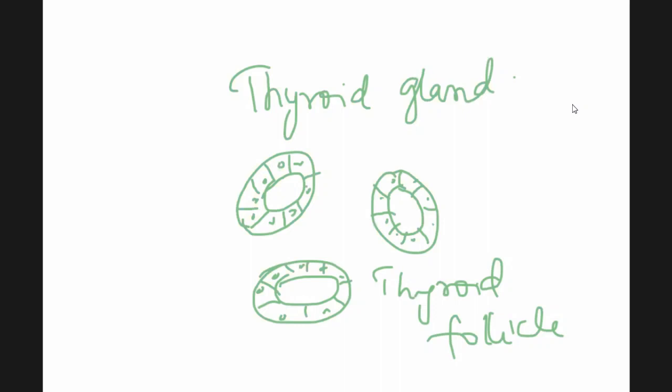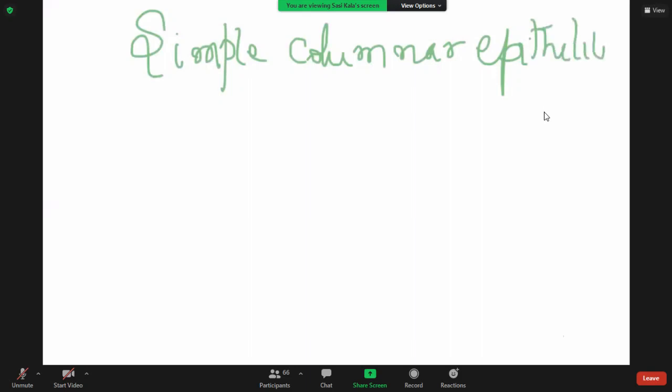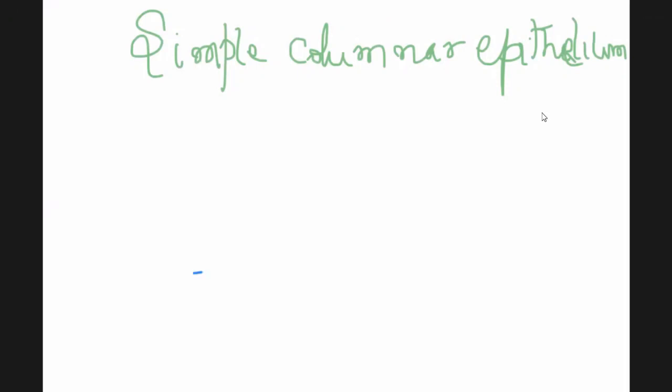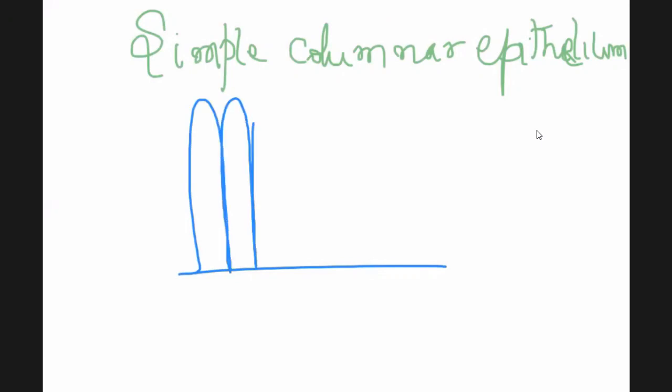Shall we proceed to simple columnar epithelium? Yes, ma'am. Okay. Simple columnar epithelium. Here, the cells are tall, cylindrical, pillar-like, elongated cells.